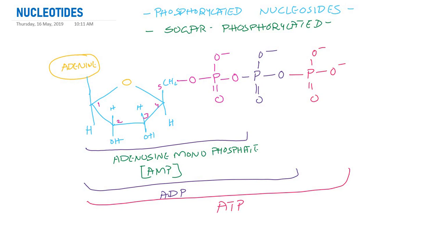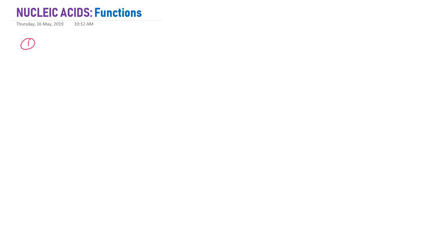So all these bases when they combine with sugar we call nucleosides. When they are esterified or phosphorylated, then we call them nucleotides. The last thing you need to remember is the functions of these nucleic acids. First and foremost, we know that they are part and parcel of DNA and RNA.